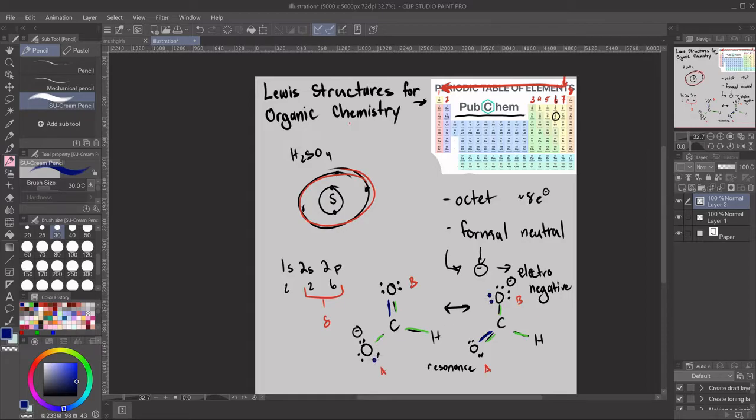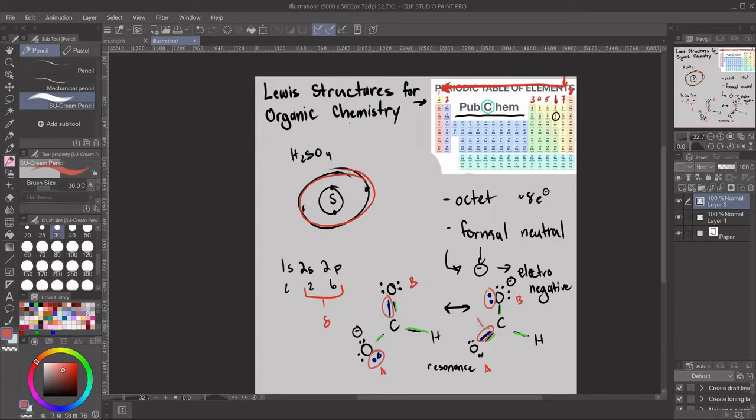What you'll see here is that this double bond broke and was put on this oxygen as a lone pair. The opposite happened on oxygen A, where the lone pair on oxygen A made a double bond with carbon. So we're moving either double or triple bonds, or we're moving lone pairs.